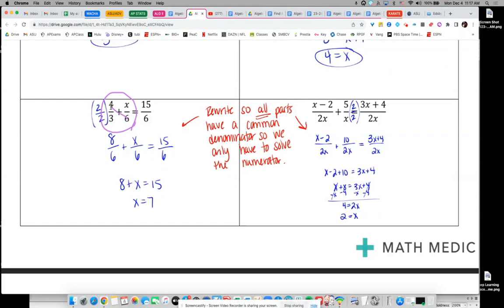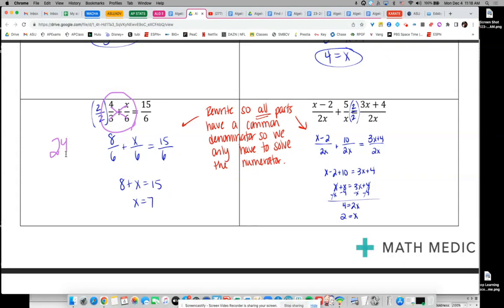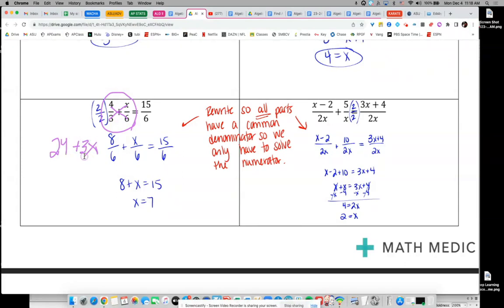And they'll try to multiply here and multiply here, and they end up with something weird like 24 plus 3x on the left-hand side. You're not allowed to do that, right? You cannot cross multiply, just like when you have an expression and you're trying to add, subtract, multiply, or divide. It only works when you have an equal sign, and it only works if you have a fraction over here. Like this is an addition right now. I'm going to have to fix that first before I can cross multiply.